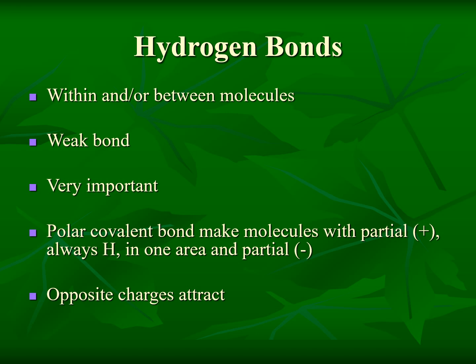Where are they found? They're often found sometimes within one large molecule, sometimes between molecules. And how are they formed? Well, when you have these polar covalent bonds, and that has to be formed first before you can have a hydrogen bond. Remember how we just said you've got those partial positive and partial negative regions? Opposite charges attract.